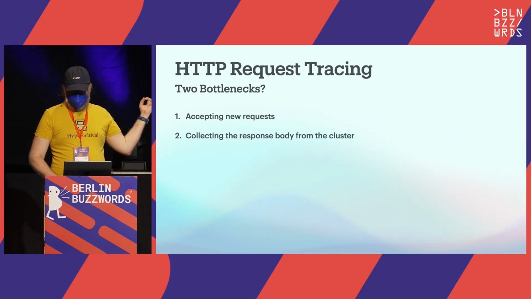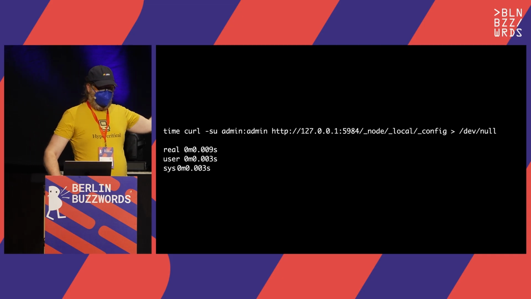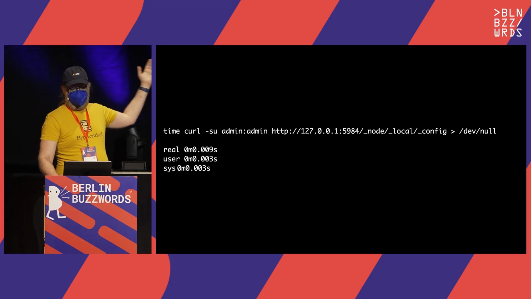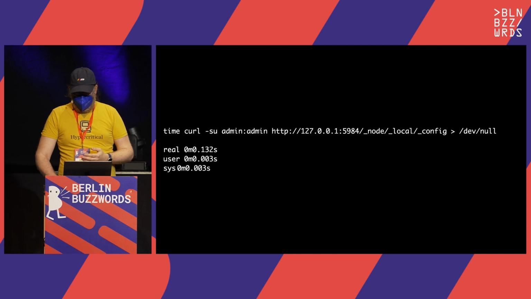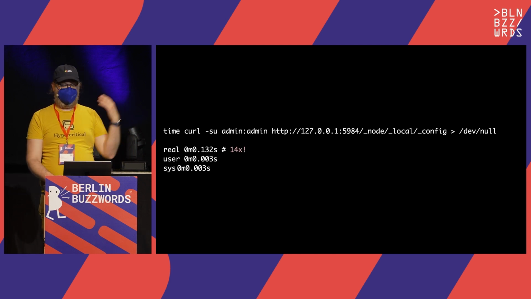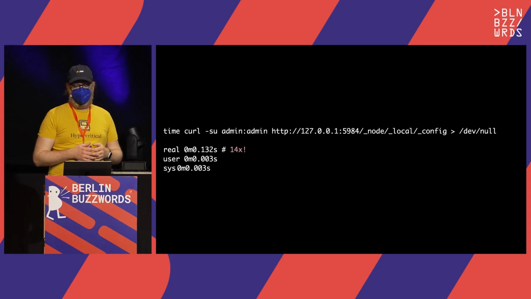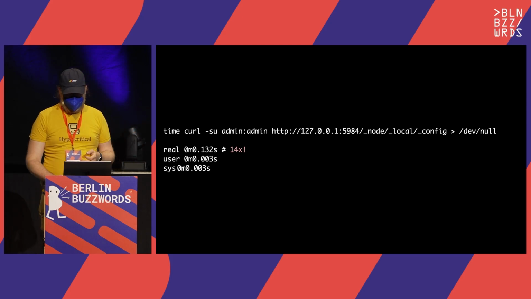Running the config query, we get about a 9 millisecond response time, and with the benchmark 132, a 14x increase. It's a lot slower. Even just reading something out of memory, this should be instant. So we had validated that we had 2 bottlenecks that we had to deal with.